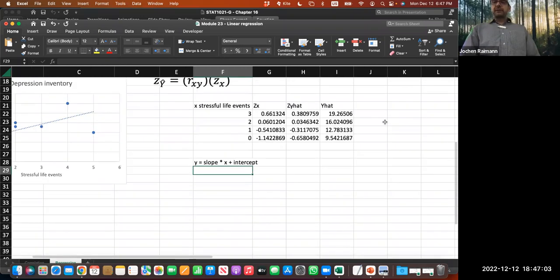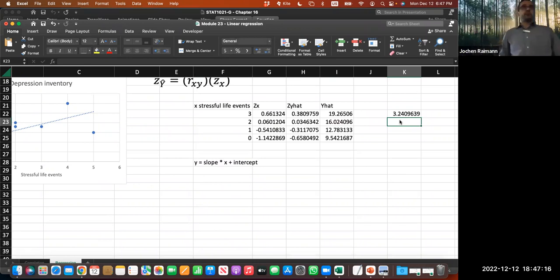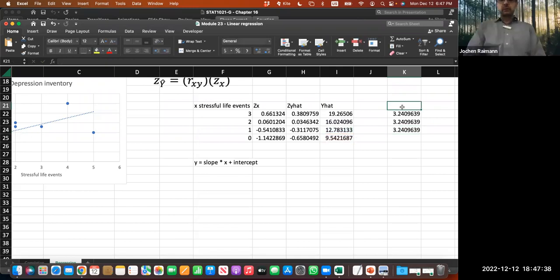So if we're calculating the difference between y hat 3 minus y hat 2, that would essentially be our slope, which is simple, right? Particularly in light of the fact that this would be the same for the next one, would be the same for this one. So all of these increases are always the same slope. They're always 3.24. So that's our slope.